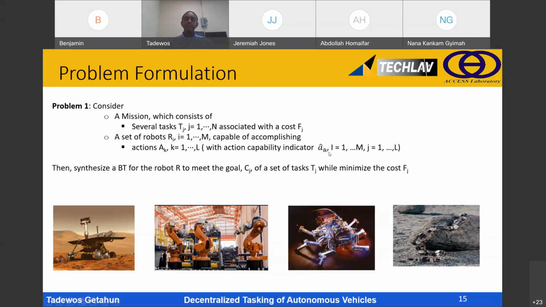If a-hat ik is equal to 1, it means agent i can perform action k. Otherwise, it cannot perform action k. Given this, the problem is how we can synthesize a behavior tree for the robot R to meet the mission's goal Cj, while minimizing the cost fj.